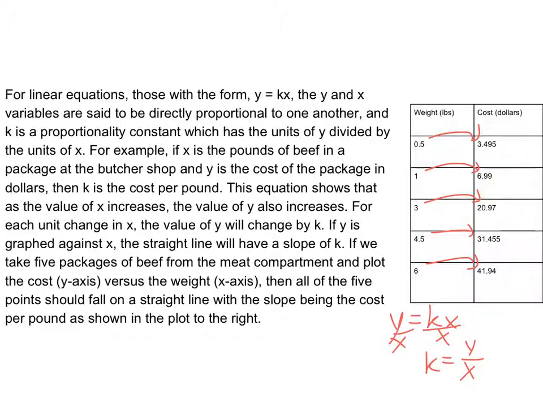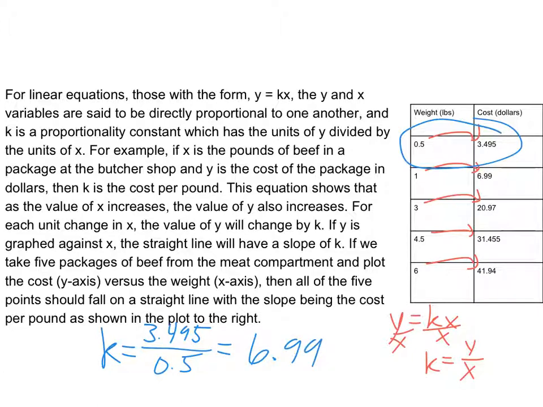All I need to do now to find my k is to pick one of them. So this one right here: 3.495 is my y value divided by my x value of 0.5, and I get that my k, or my slope, is 6.99. So that's how we would find our slope in this kind of problem.